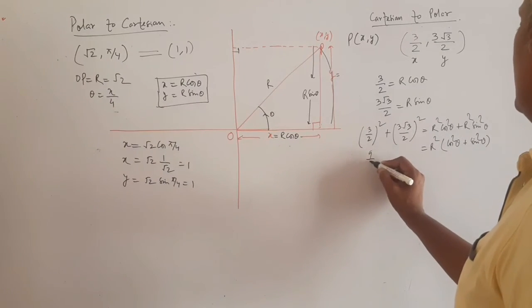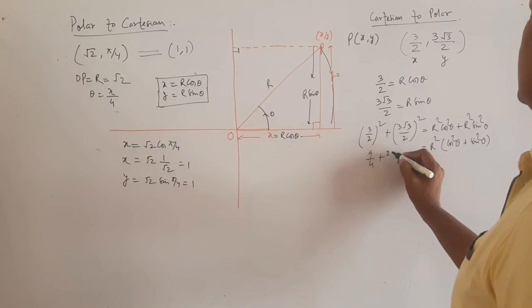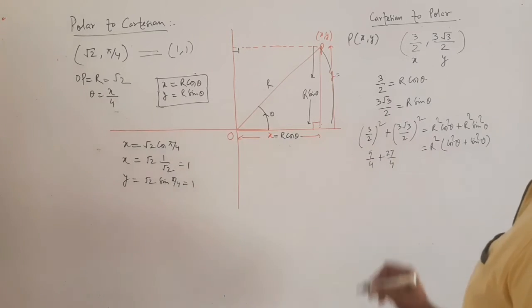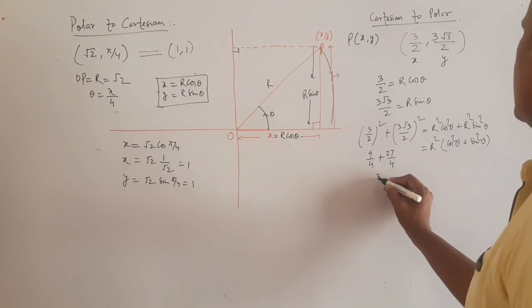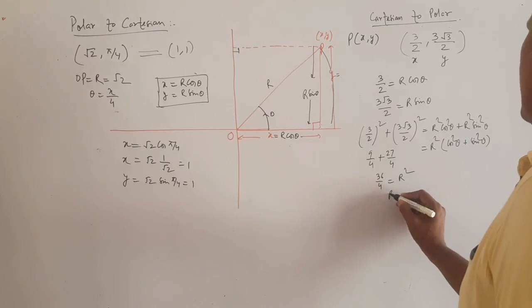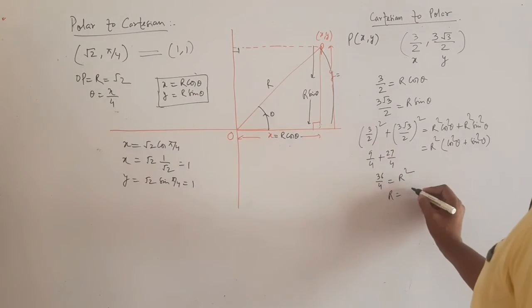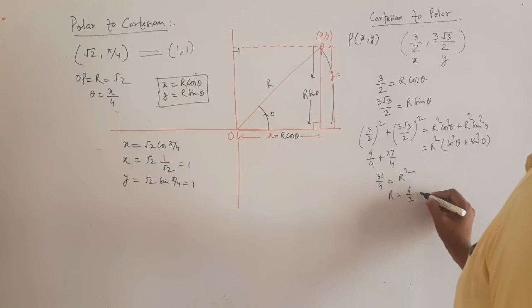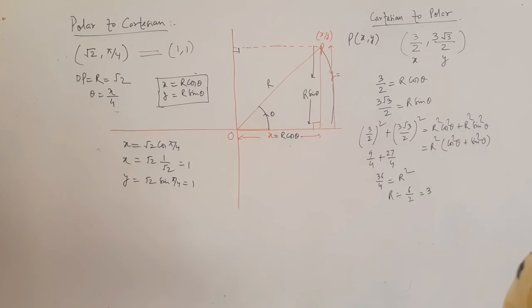This is 9 over 4 plus 27 over 4, so 36 over 4 is r square. Therefore r will be the square root of this, that is 6 by 2, and we find r as 3.